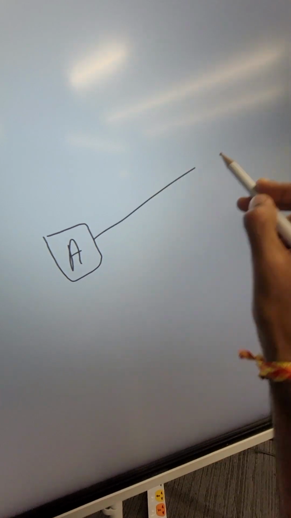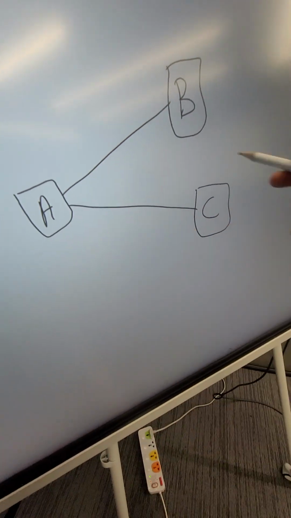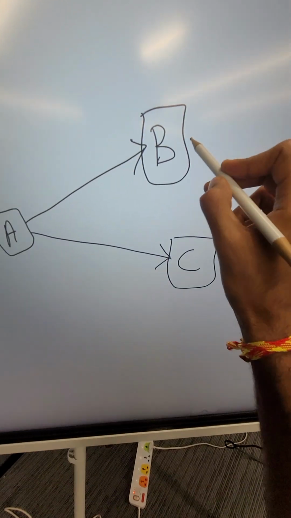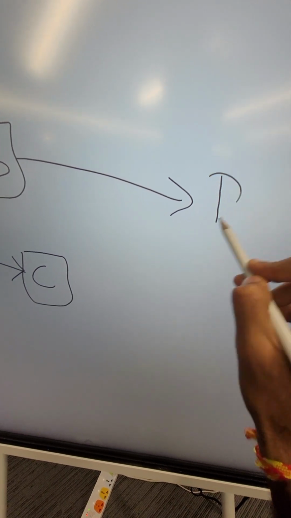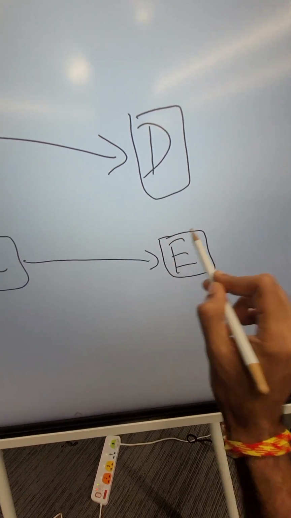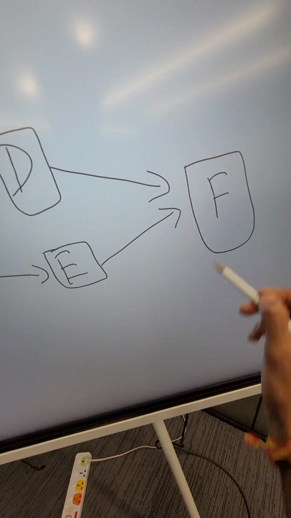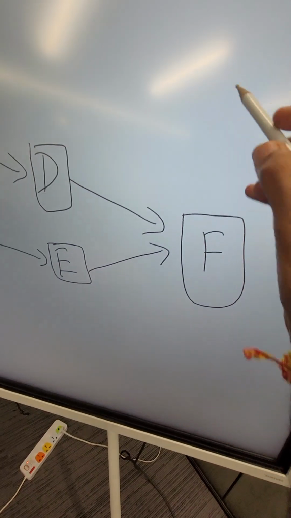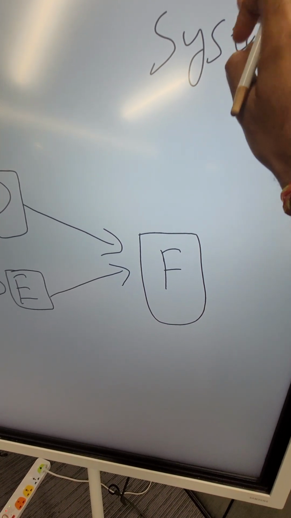Let's say you have system A, which talks to system B and to C. B talks to D, C talks to E, and D and E talk to F, and F is like a standalone service. These are all systems; you have a big system which contains other small systems.